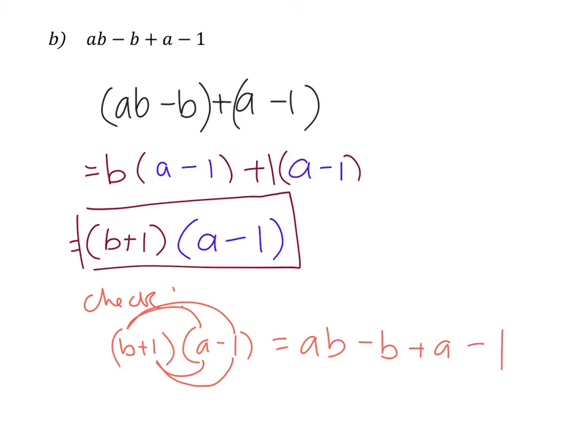And you'll notice that this is the same as the original, right? It's the same. So this answer was correct. And again, for this section, it's really nice because if ever you're not sure if your factorization is correct, all you have to do is multiply it and you should get the original expression if you factored correctly.